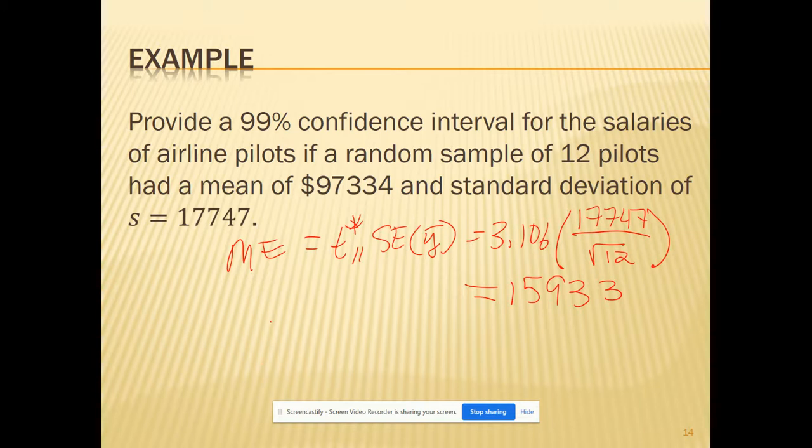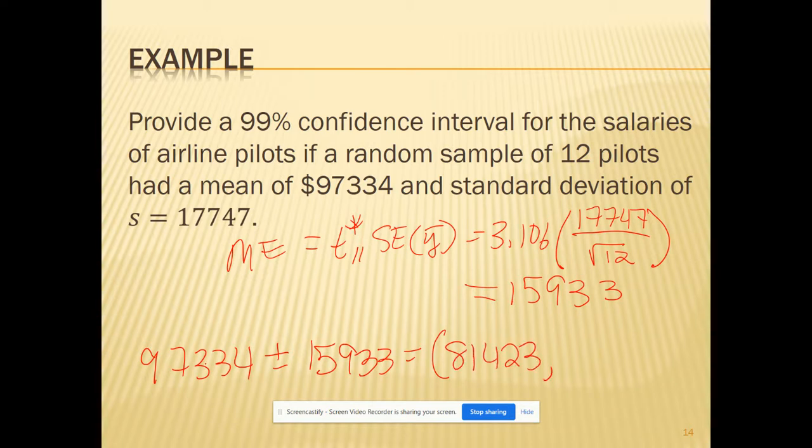So now to construct our confidence interval, we're going to go 97,334, our mean, plus or minus that margin of error, 15,933. So that works out to be, if I take 97 minus the 15, that's going to be 81,423.